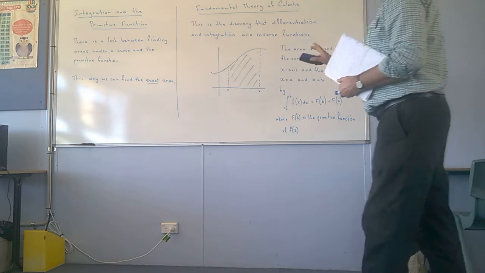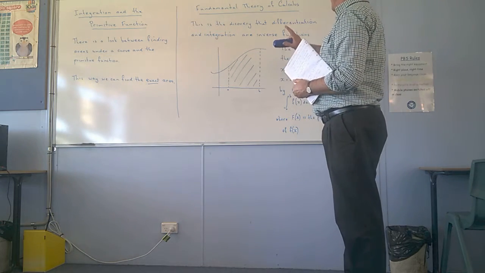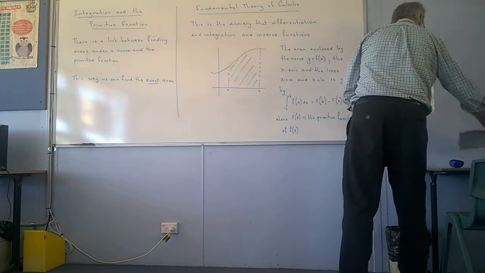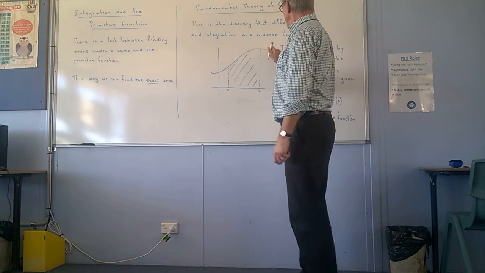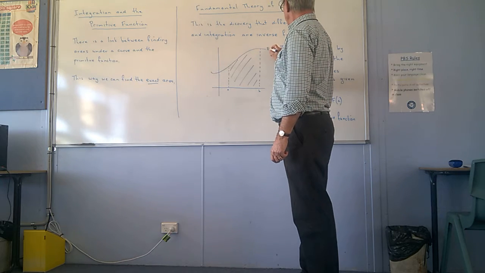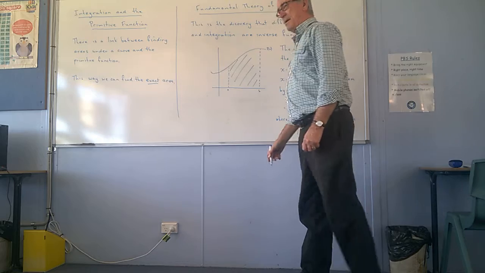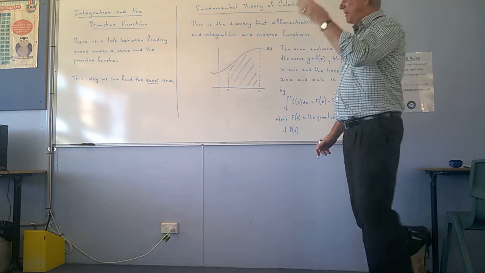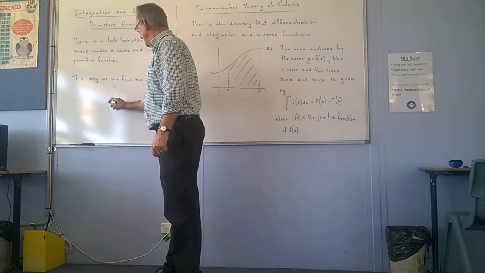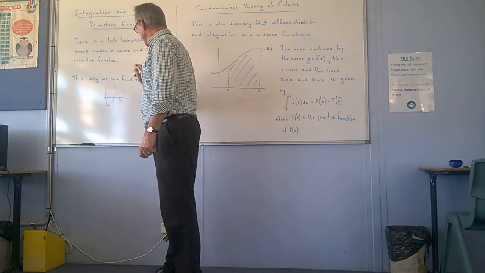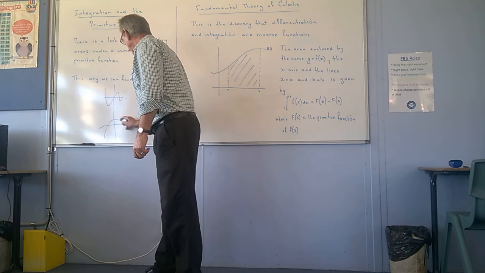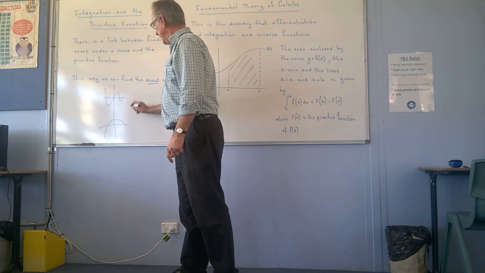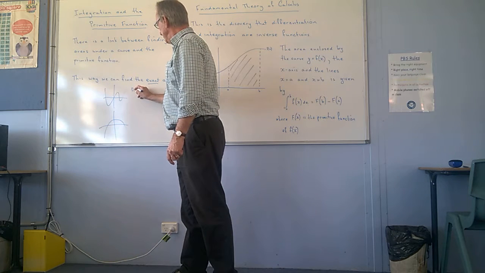So it's saying that if I've got some function, f of x, think of that. Remember when I had this thing here, right? I had there, and I went like that, and then I went like that, right? And I had f of x there.